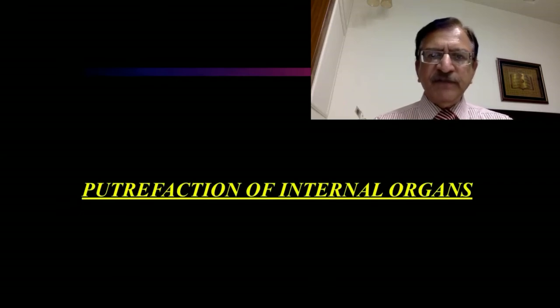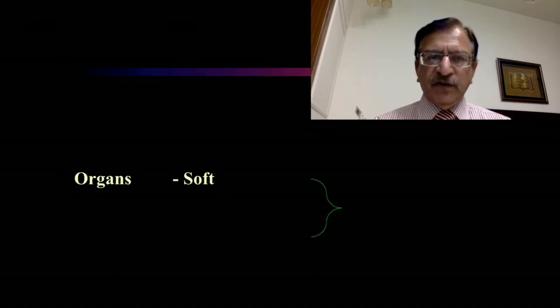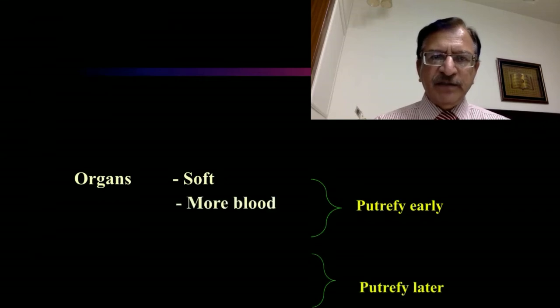Then the putrefaction of internal organs. This is important, that putrefaction of internal organs starts with the external signs of putrefaction on the body. And the principle is that the organs which are soft and rich in blood supply putrefy early.